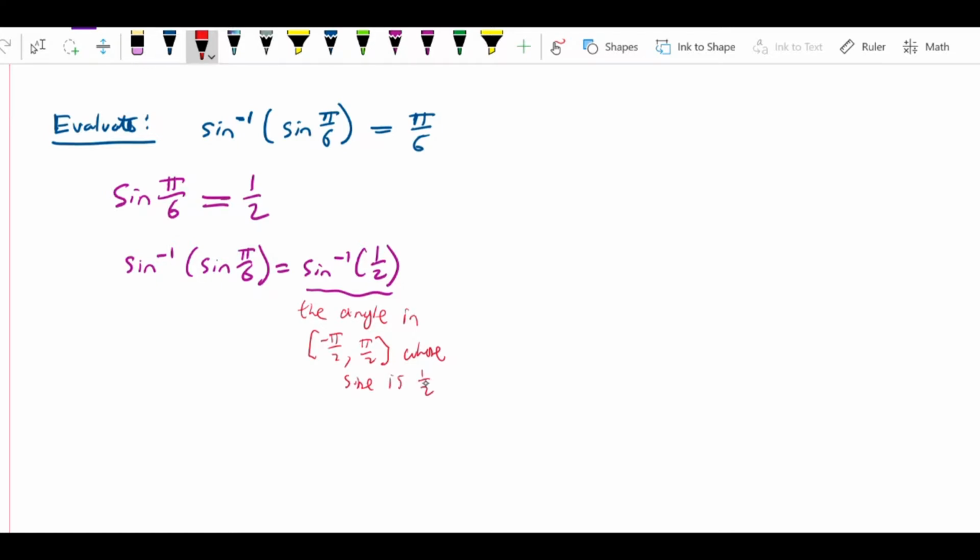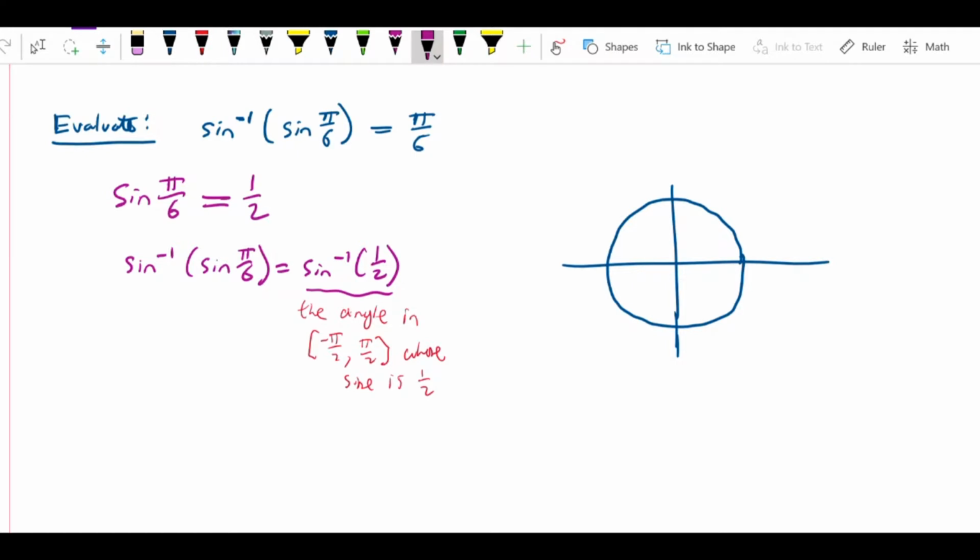Okay, good enough. So let's put up the unit circle. Again, you really need to commit the important angles on the unit circle to memory in order to do this class. So let's put the points that correspond to the angles whose sine is 1/2. We know that the y part of the coordinate on the unit circle gives the sine.